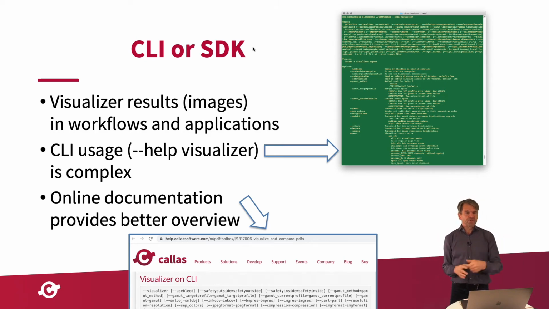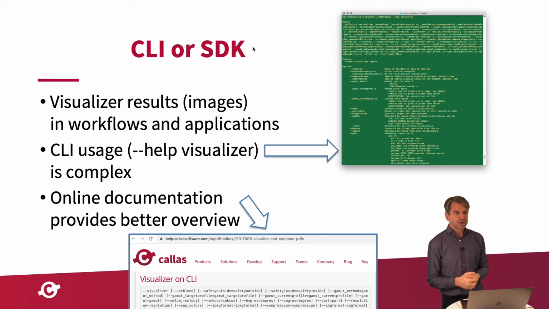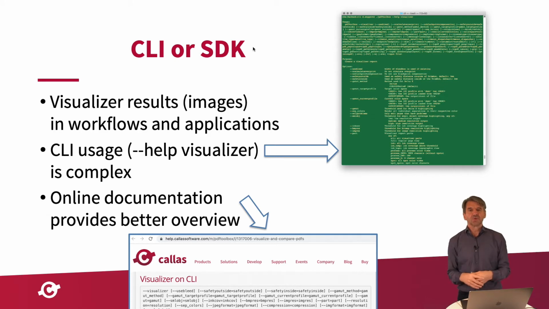Much better overview and more structure is provided in the online documentation. So if you want to use these visualizer images in an automated or integrated way, then start with a desktop maybe, and then we go to the online documentation to find out how a particular call should look like.